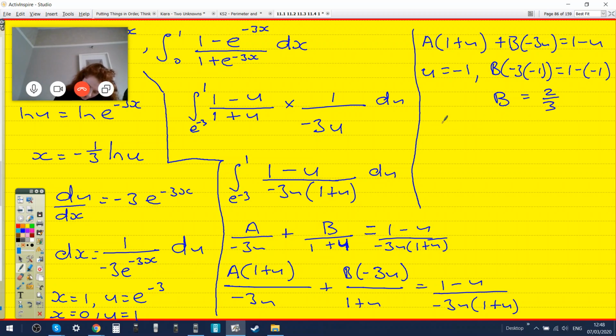And then can we just do it for when u is equal to 0? Yeah. So then a is just equal to 1.